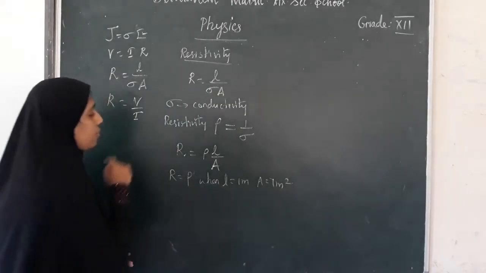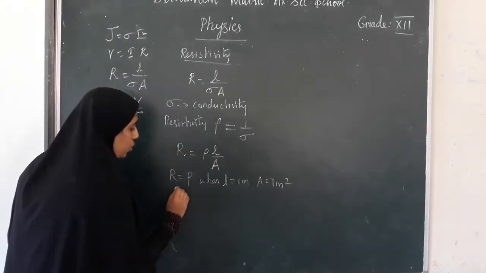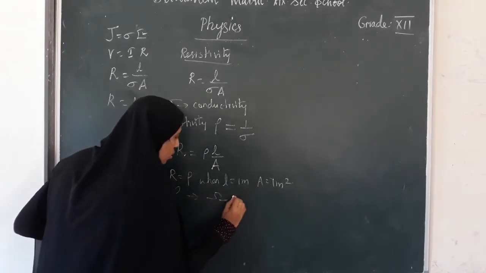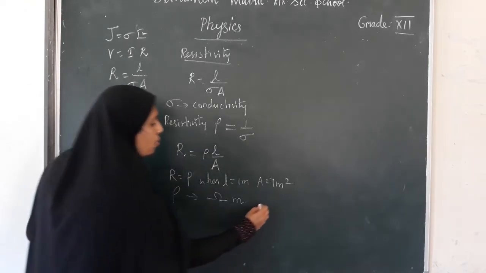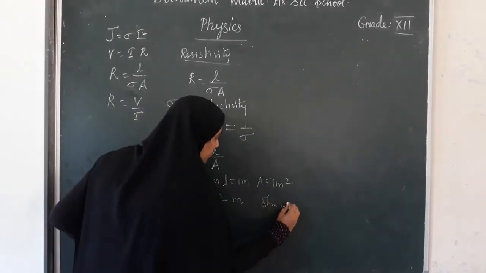What is the unit of resistivity? The unit of resistivity is ohm meter.